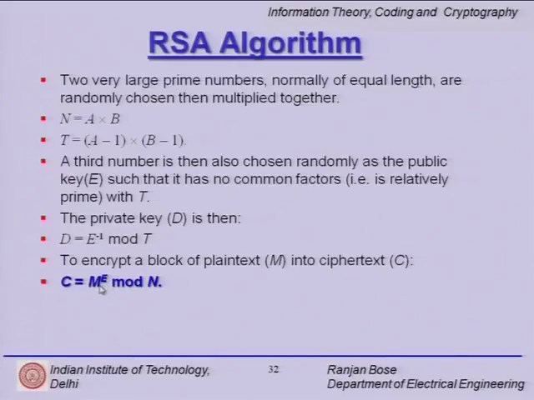Please note what we are doing: m into m into m, and so on, e times. Therefore, we get m raised to e. But remember, we are working with large numbers, so e can be really large. So, self multiplication many times could be difficult, and then of course, we have modulo n.